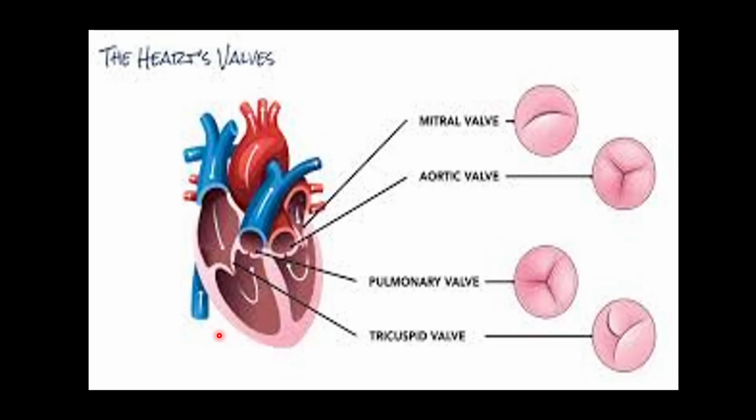Actually, all the blood from the body, deoxygenated blood particularly, is carried by the large vein known as the vena cava.